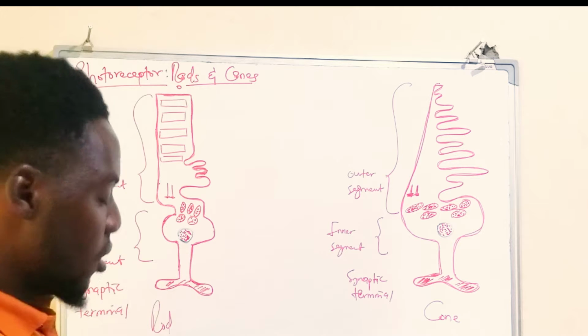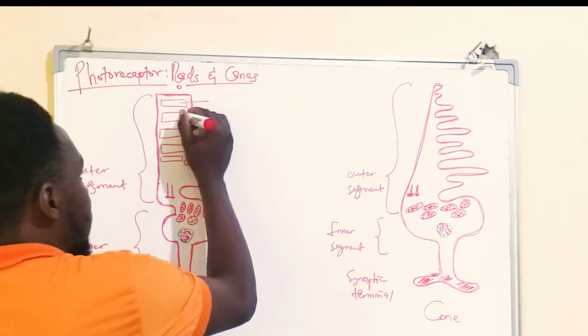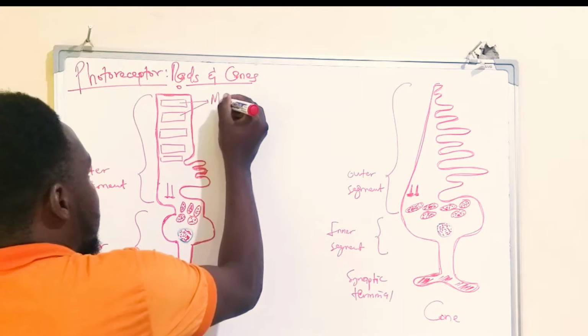Now the outer segment of the rod has discs known as membranous discs.